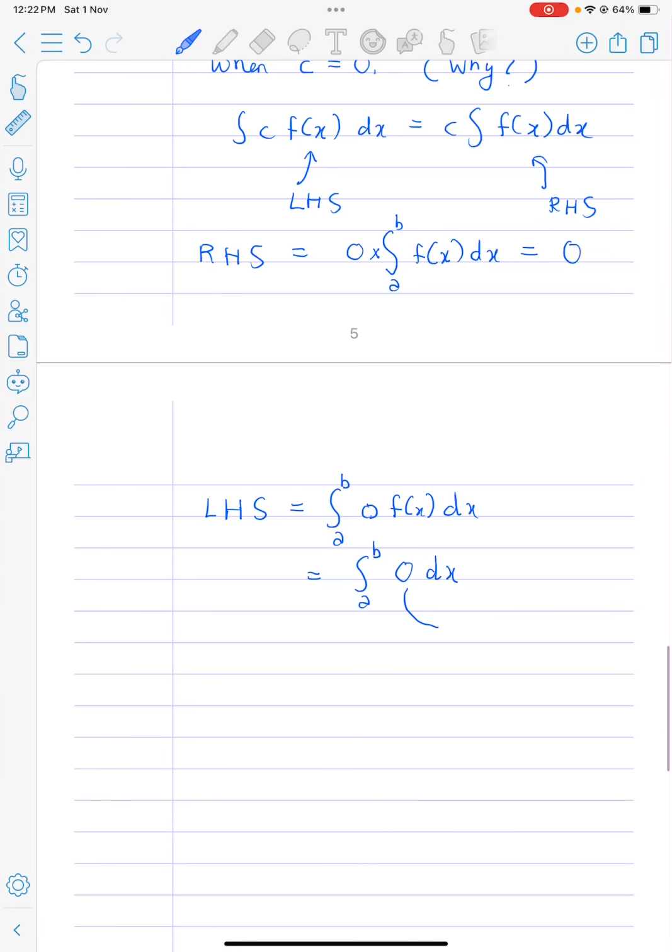Now note that this 0 is different. This is not the number 0.